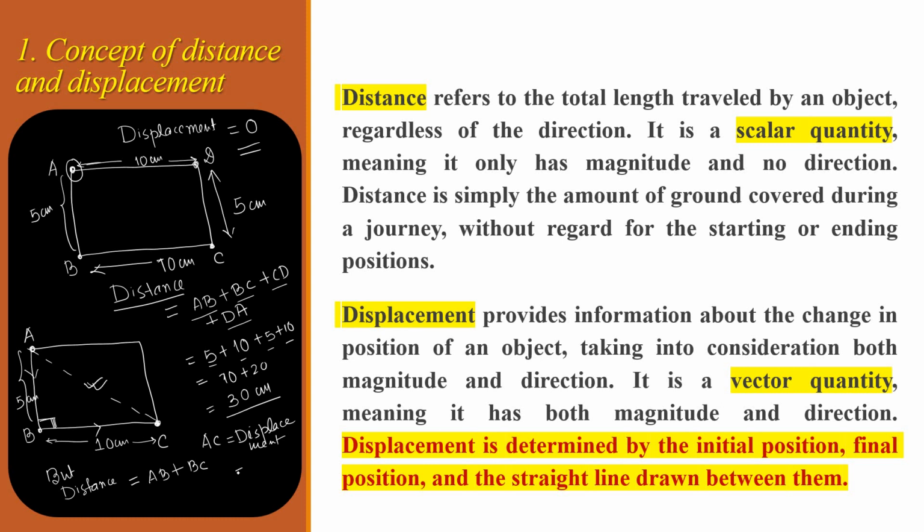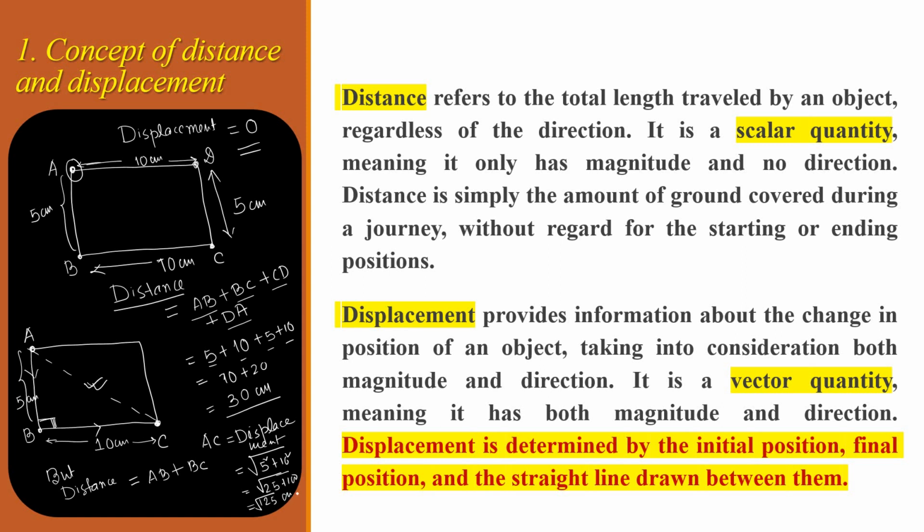In this case, displacement is root over of 5 square plus 10 square, that is 25 plus 100, that is 125, so root 125.